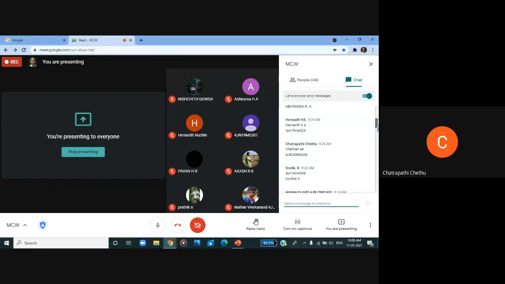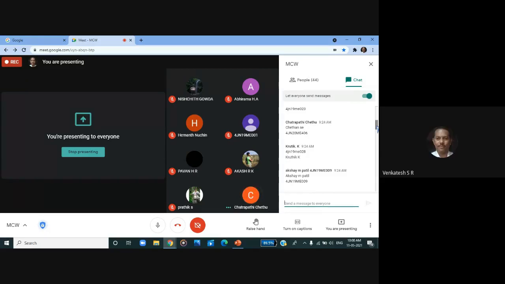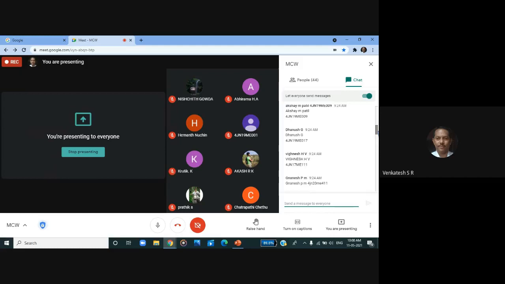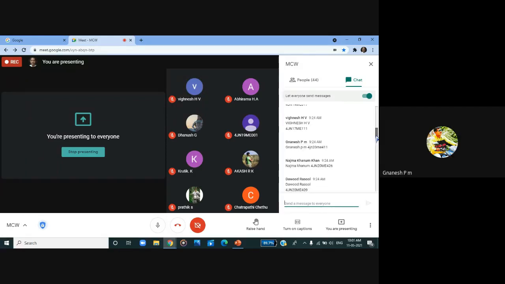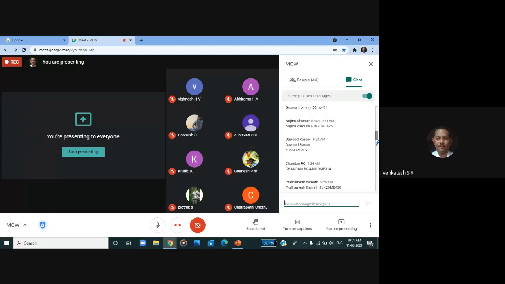Chhatrapati Chetu. Krutik. Akshay M. Patil. Dhanush. Vignesh. Nanesh. Najma Khanum.